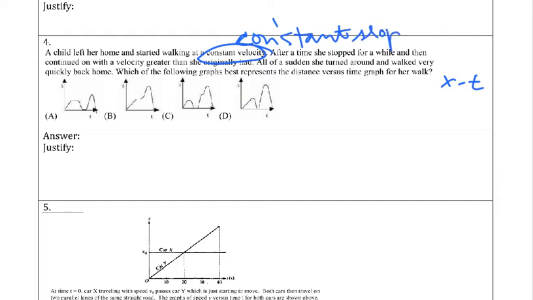And as you take the test tomorrow, it might help you to annotate like this. After a time, she stopped. If she stopped, that means slope equals 0. And walked very quickly back home.